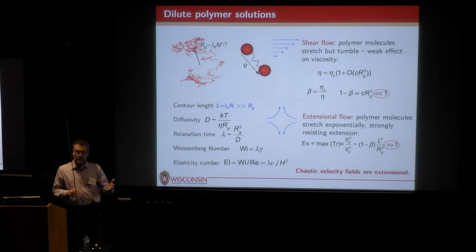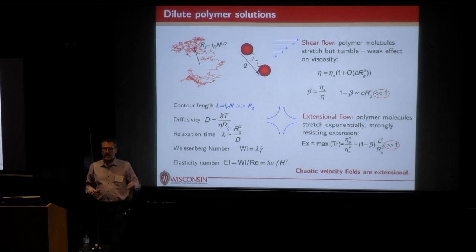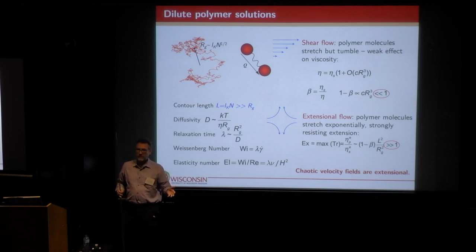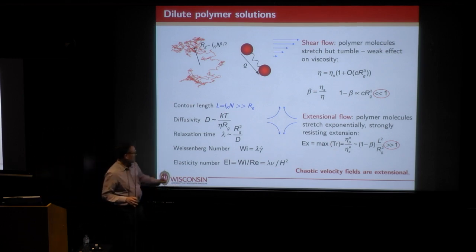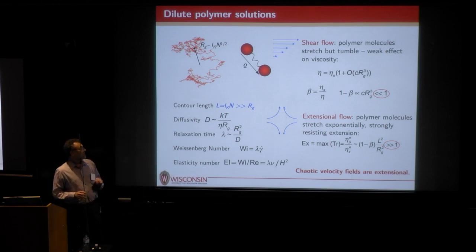There's a non-dimensional group that comes out in every flow problem involving polymer solutions, and that's the Weissenberg number, which is the product of a relaxation time and some characteristic strain rate in the flow. The related quantity, the elasticity number, is the Weissenberg number divided by the Reynolds number.